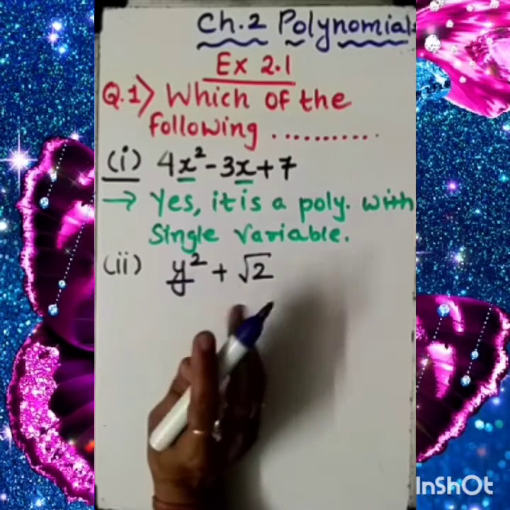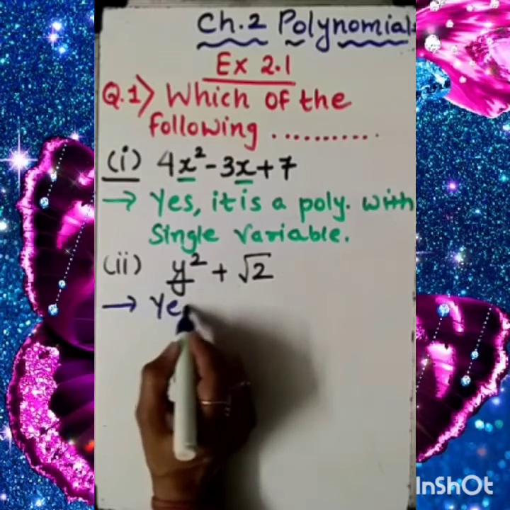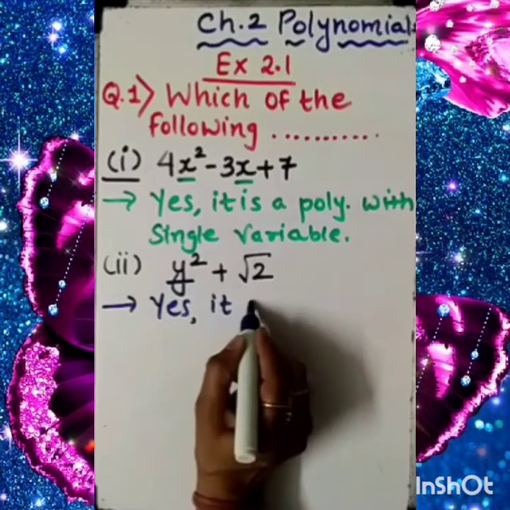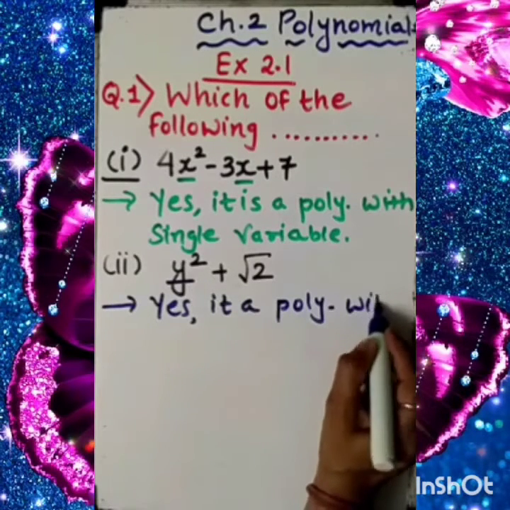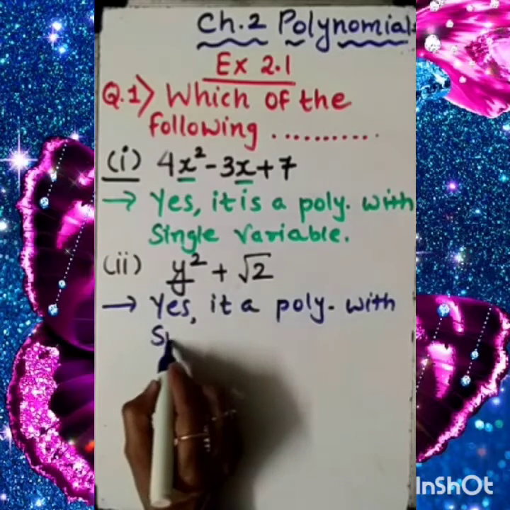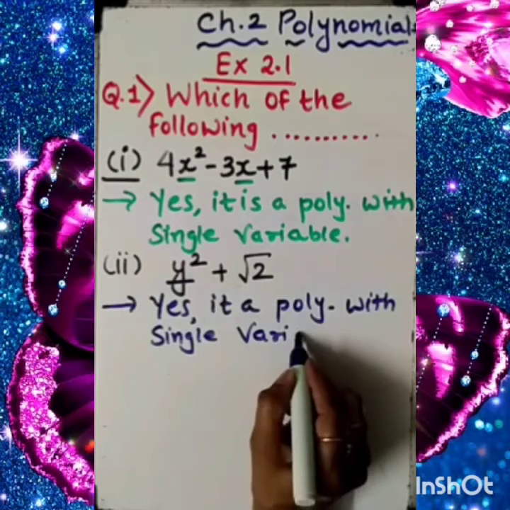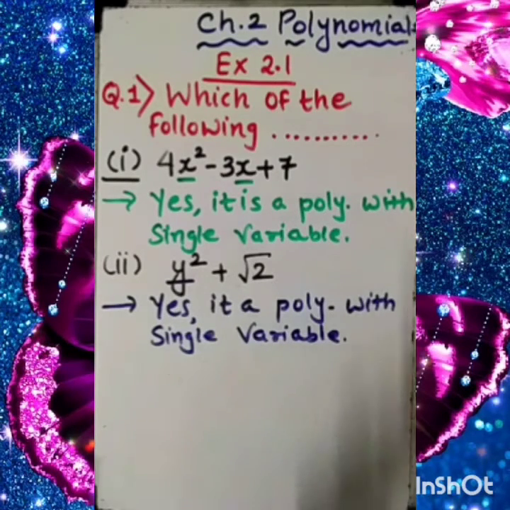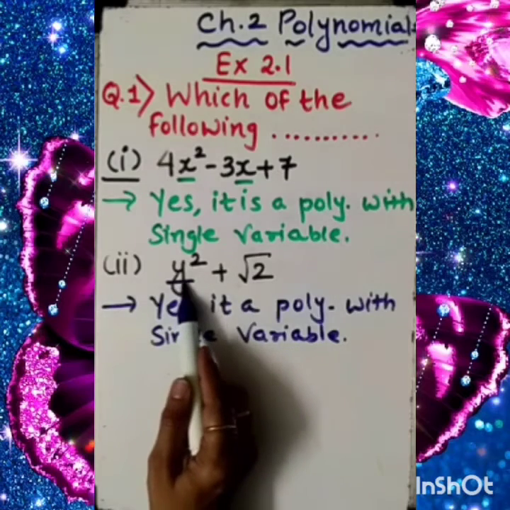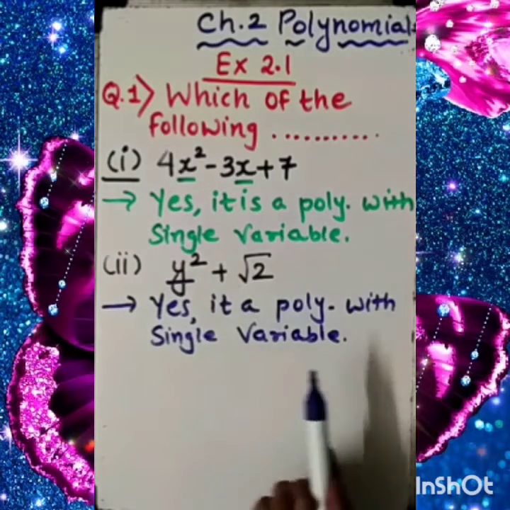This y is a single variable. So we should say yes, it is a polynomial with single variable. Reason behind that: this expression has only the variable y, so it is a polynomial.